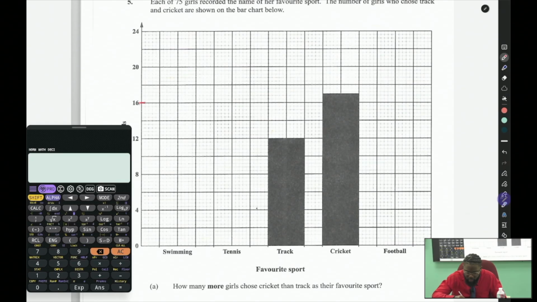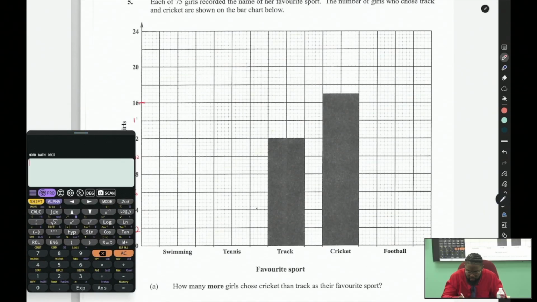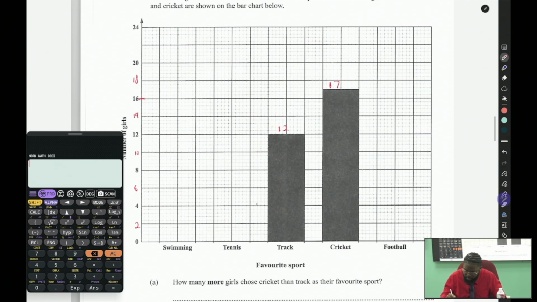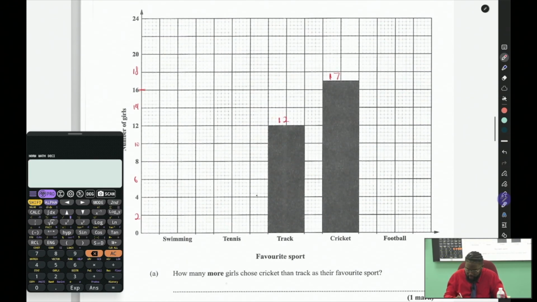It's going up by 2 because it's 0, 2, 4, 6, 8, 10, 12, 14, 18, and cricket is right in between. So that means cricket would be 17, and track would be 12. To find how many more girls, we subtract 12 from 17, which gives us 5 girls.